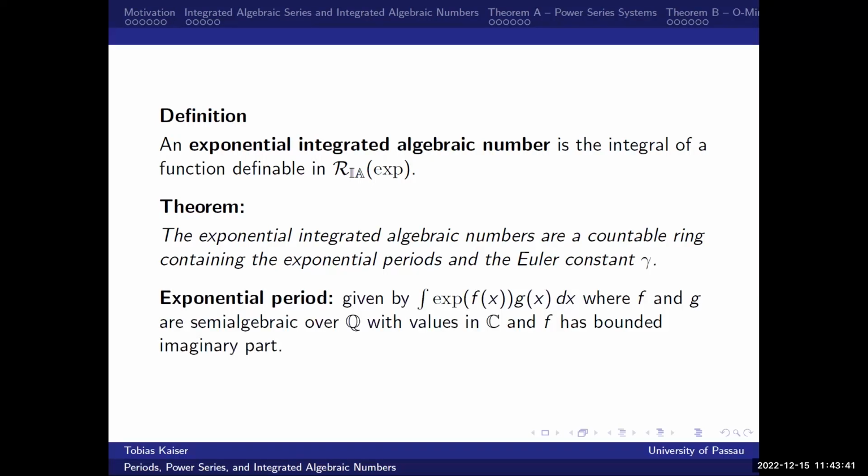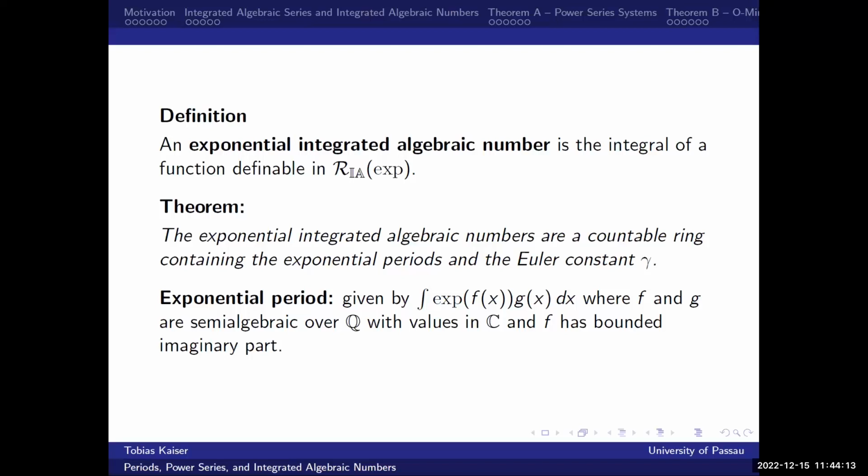So what is an exponential period? This is given by the integral of the exponential of a function f, semi-algebraic over Q, but now this can also take values in the complex field, times another semi-algebraic function over Q. And importantly, now I follow the definition of Annette Huber and Philip.